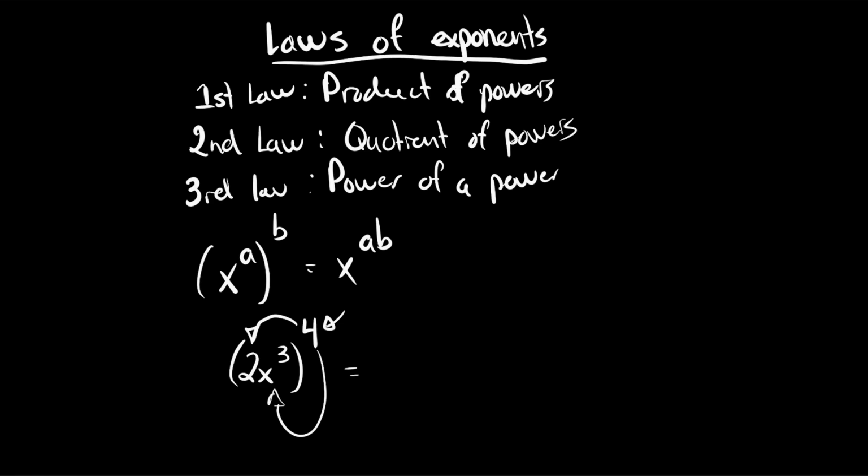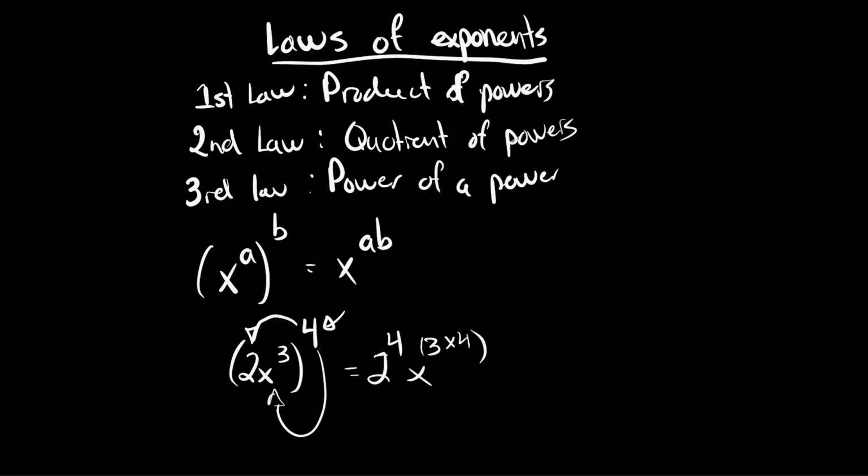So we're going to have the coefficient to the power of 4 times the exponent to the power of 4, which, if we follow the third law, is going to look like this, right?